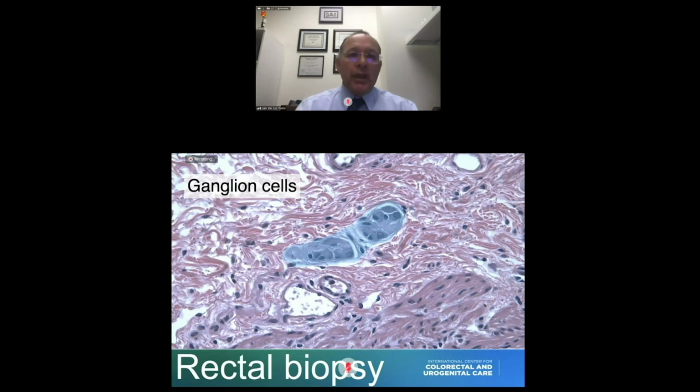So if you have a patient with a suspicion of Hirschsprung, and they say, oh yeah, could be Hirschsprung disease because the contrast enema shows a transitional zone, the patient needs a rectal biopsy. The rectal manometry and the contrast enema offer false positive and false negative results. So the rectal biopsy is still the gold standard to confirm the diagnosis of Hirschsprung.